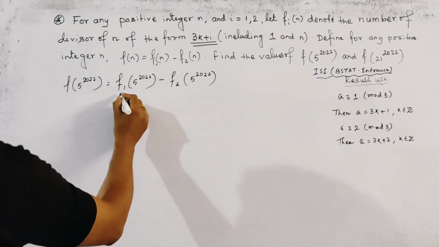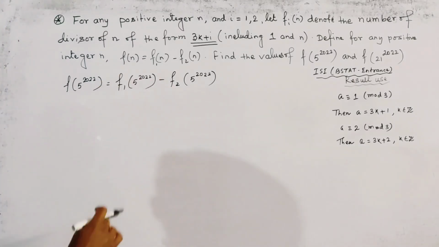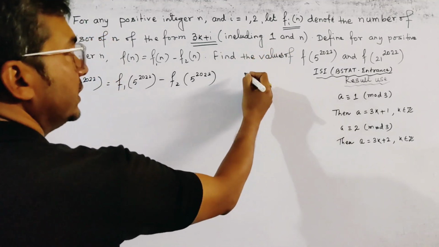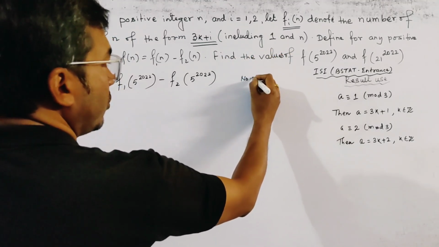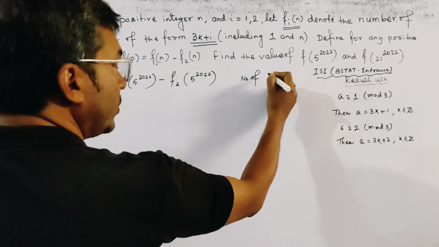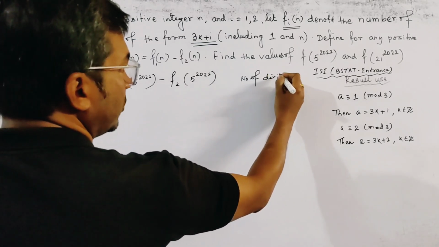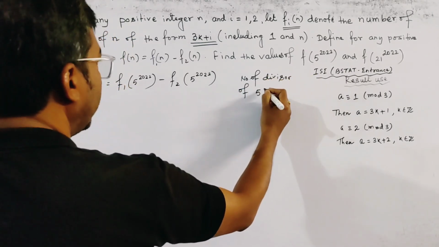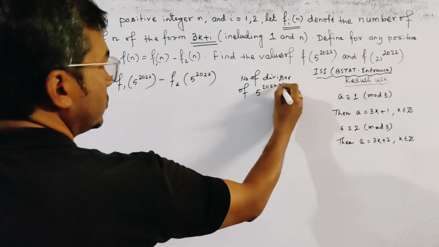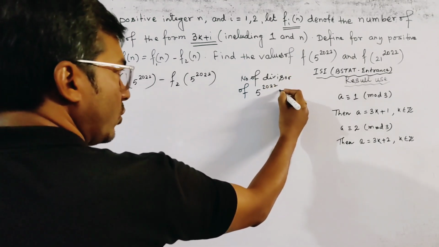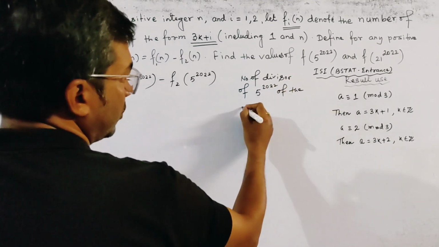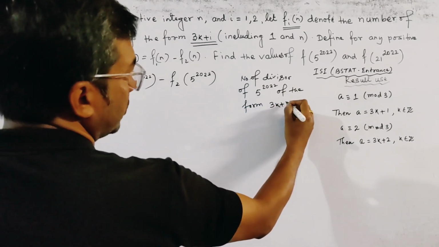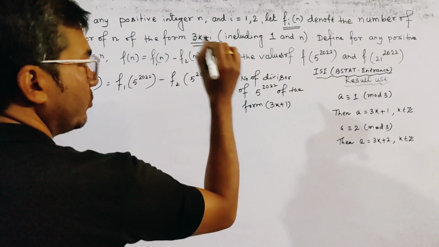Now what is f_1(5^2022)? f_1 means the number of divisors of 5 to the power 2022 of the form 3k plus 1. This is the meaning of f_1.